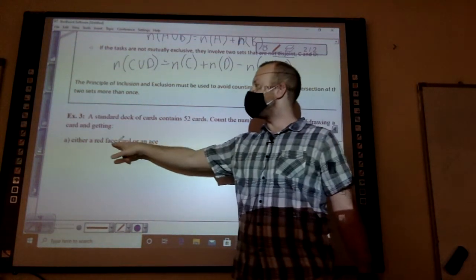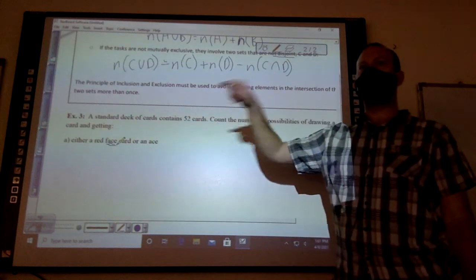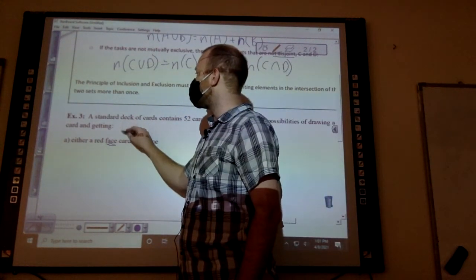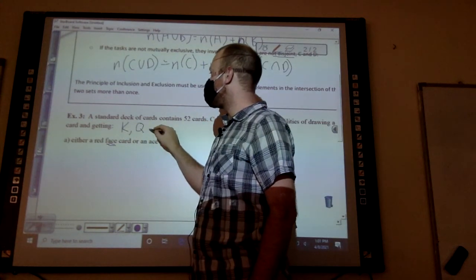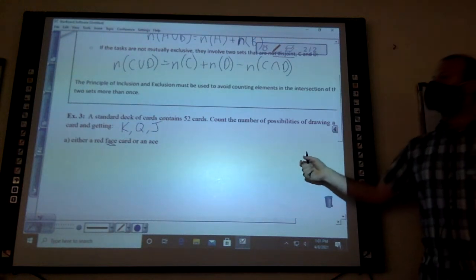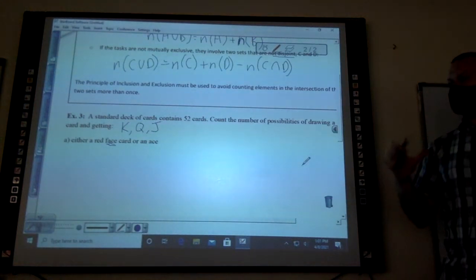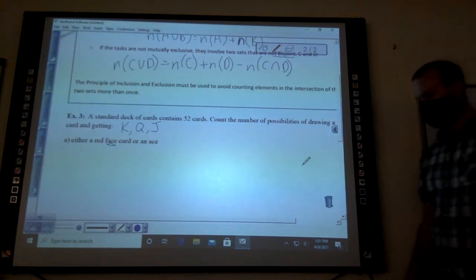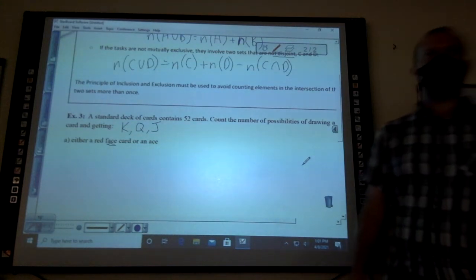Do you know what it means by a face card on a deck of cards? This could mean either you're dealing with the king, the queen, or the jack. On the test, I will give you the deck of cards on a piece of paper. So you don't need to have this remembered if you don't know it. It's also from the textbook.